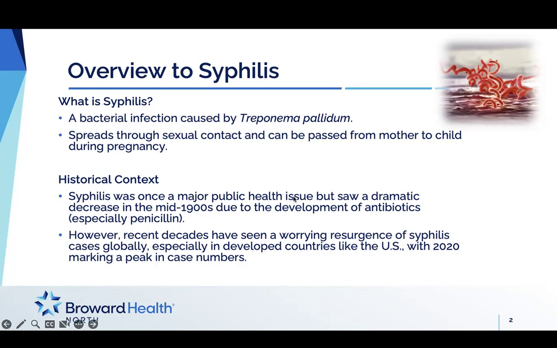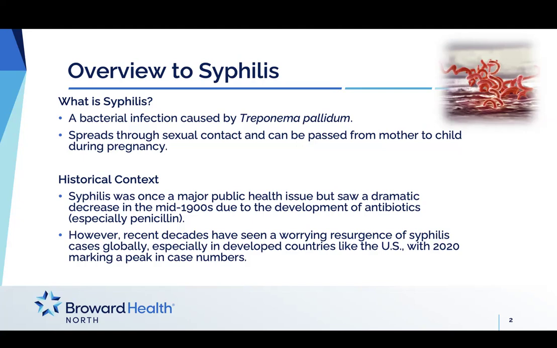And in recent decades, there's been a huge surge, a recurrence of syphilis again, even though this is very easy to treat. Because of this, it's an important public health problem that we need to address, especially in countries like the US.